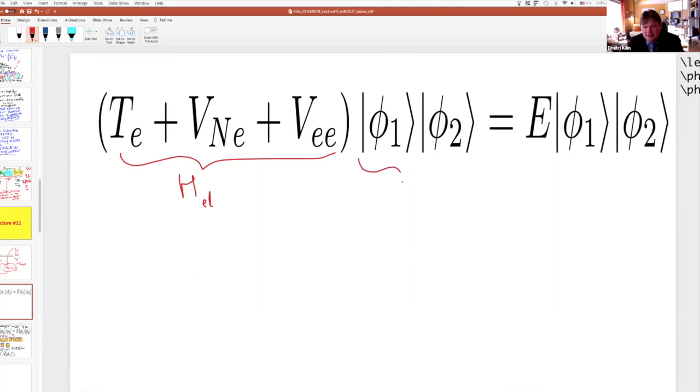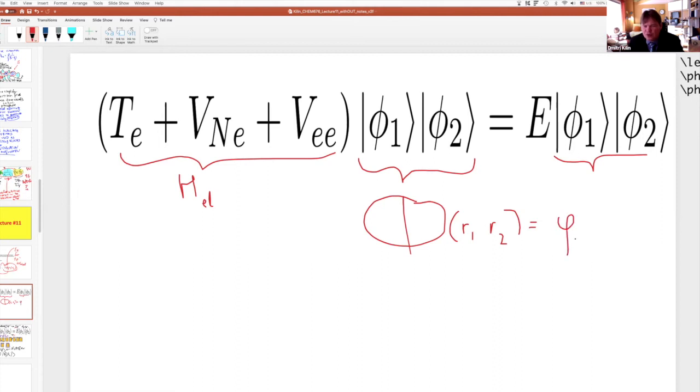In here, I will approximate the wave function of two electrons, 1 and 2, as a product. So briefly, for today's lecture only, or for even several minutes, I will forget about the Slater determinant and just use a product: phi 1 R1, phi 2 R2.